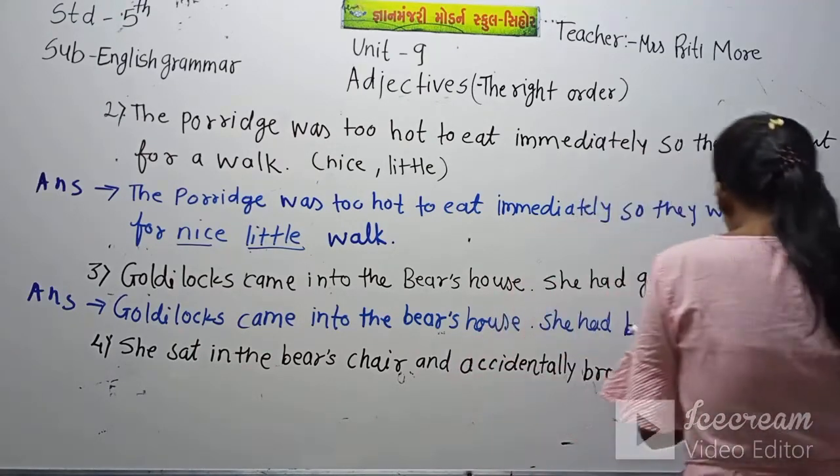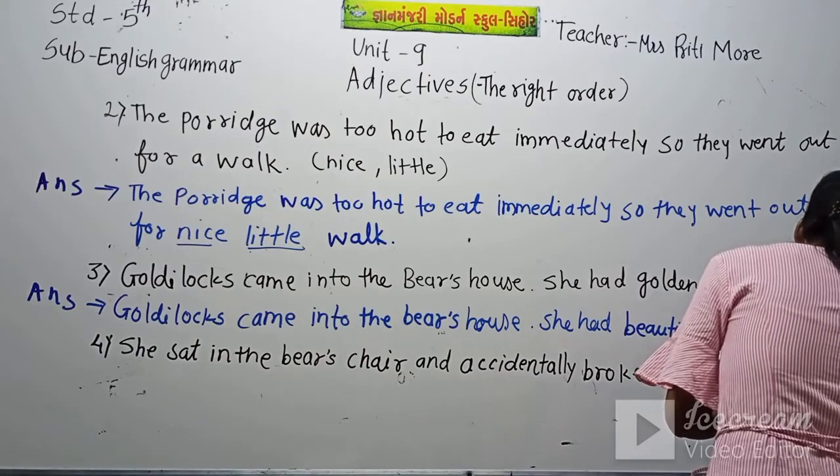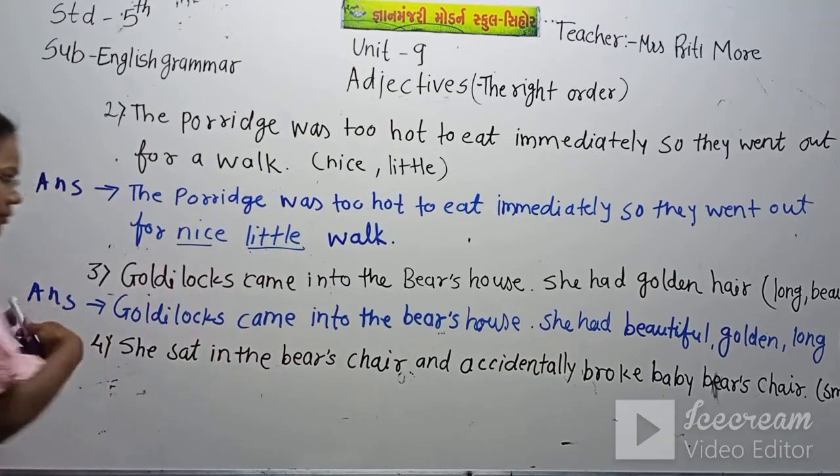Now two adjectives there, small and wooden. So first we write size, then we write material.